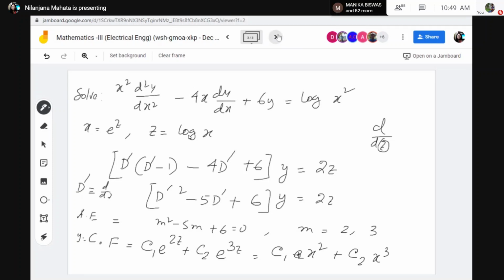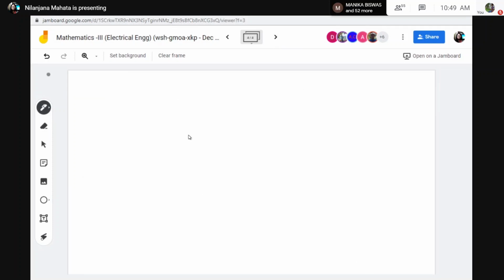We have to now find out your PI. You know how to find this: PI is 1 by d dash square minus 5d dash plus 6 operated on the right side, 2z. Okay.